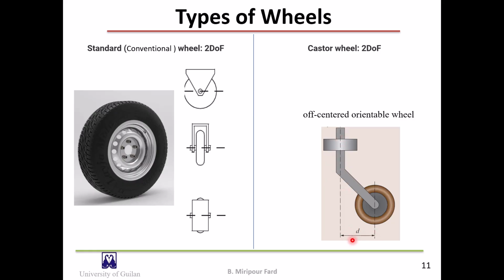You can see the offset in this figure, causing a force to be imparted to the robot chassis during steering. Both of these wheels have 2 degrees of freedom.